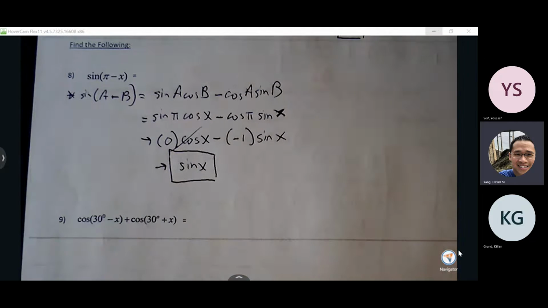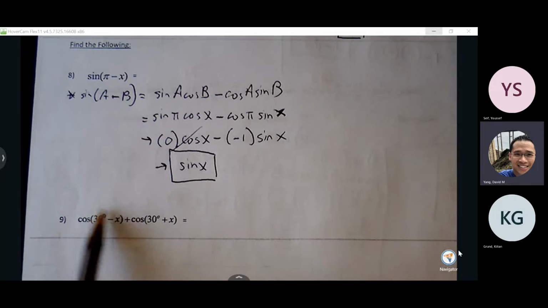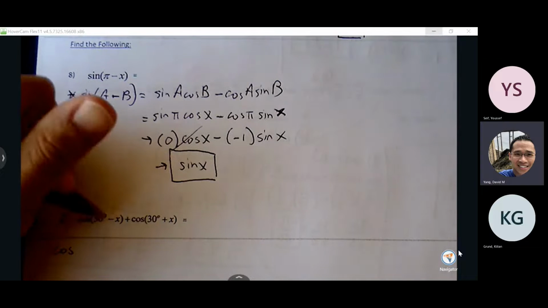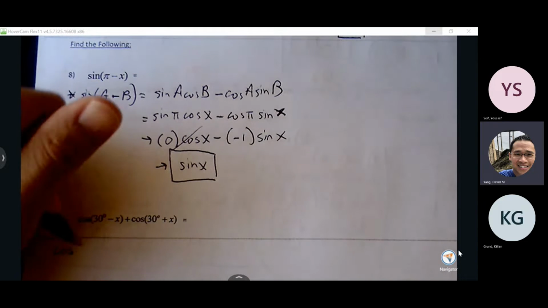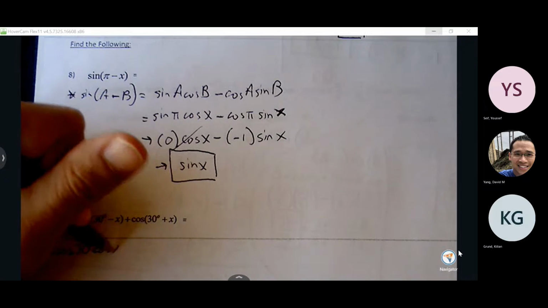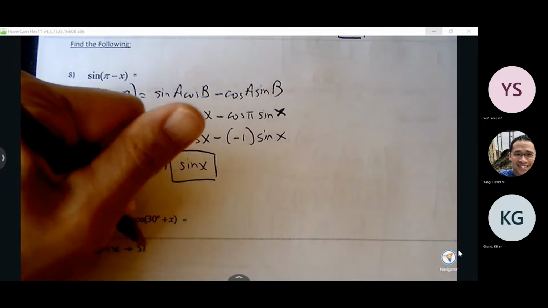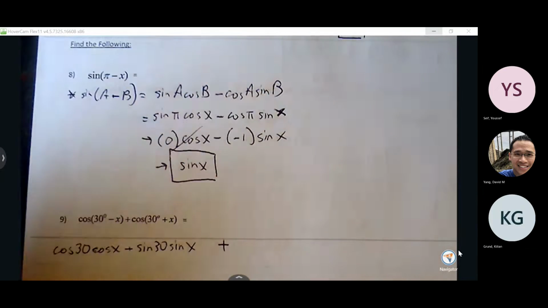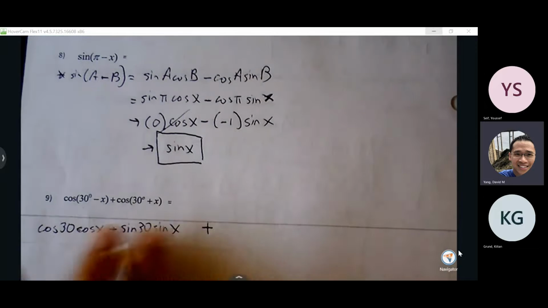Okay. For number 9, I can apply the difference identity and sum identity, well, once for each expression there. Difference identity, sum identity. So that's for the first part.